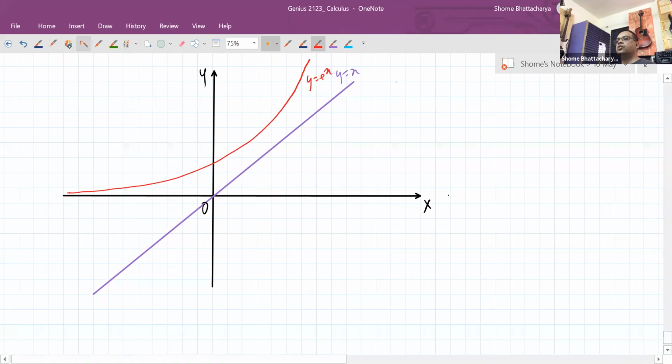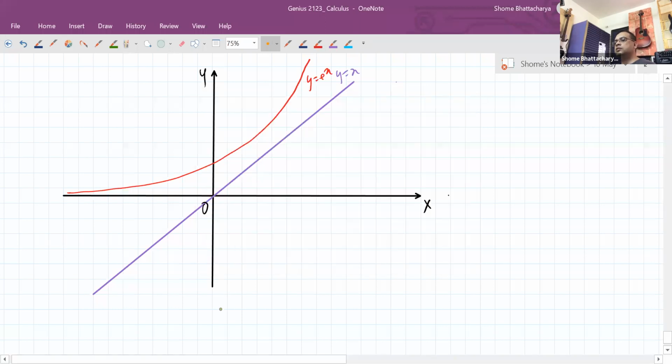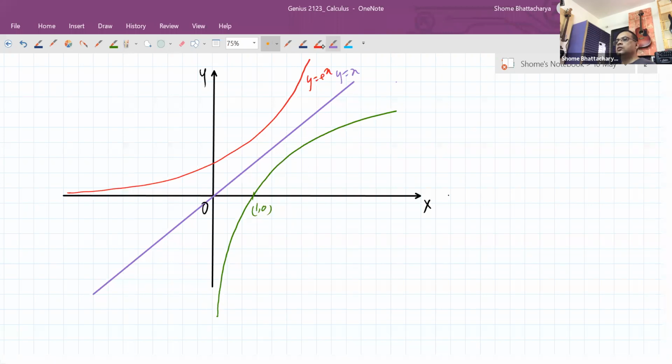Whereas the logarithmic function, or the natural log function, will look something like this, where this point is (1, 0) and this point is (0, 1).